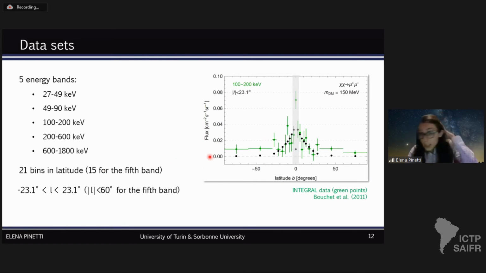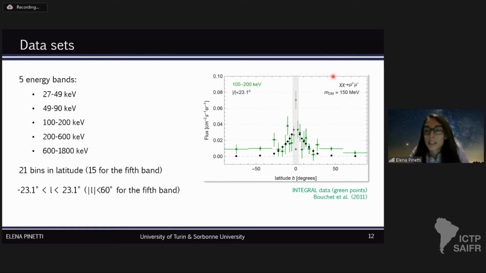In this plot, I show you the angular profile, in particular in the energy band between 100 and 200 keV. The green points refer to the INTEGRAL data, while the black points refer to our theoretical prediction that we estimated for dark matter particles with a mass of 150 MeV, which annihilate into muons.